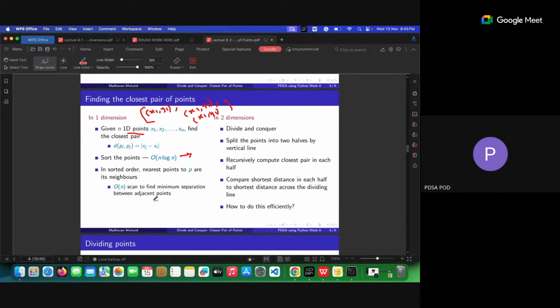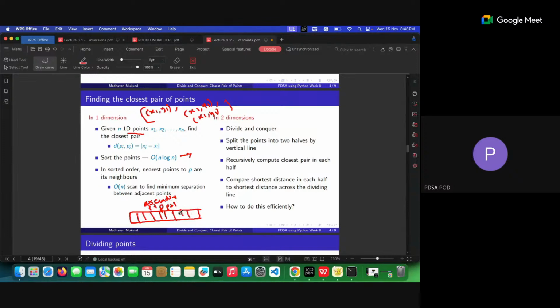How it is simple: if it is sorted in ascending order, all points are arranged in increasing order. Even if it's descending, no problem. For example, this point P is there, and I want to find the nearest point for P. Simply, I need to compare with P plus 1 and P minus 1.